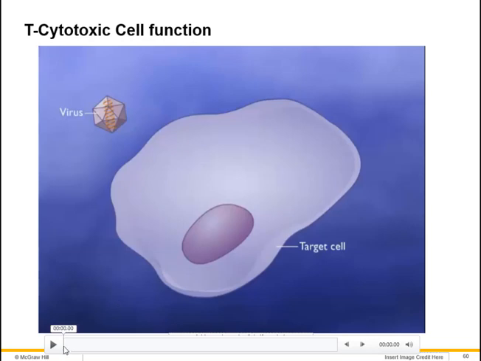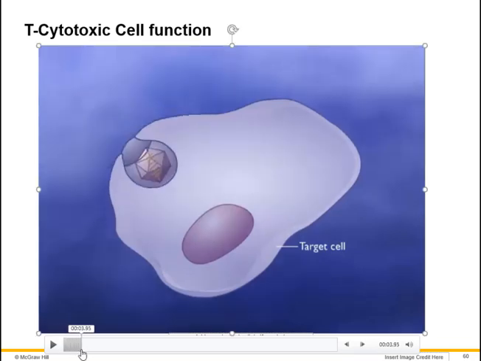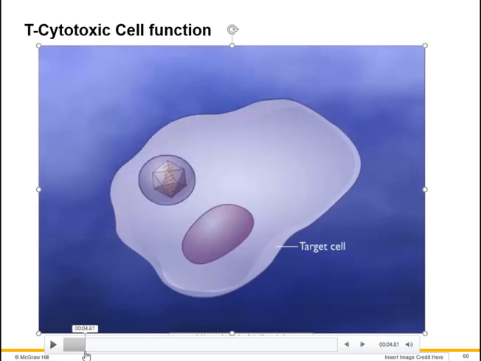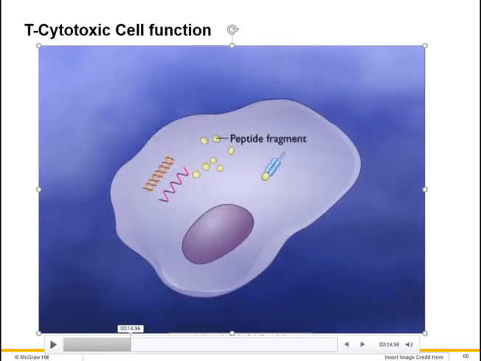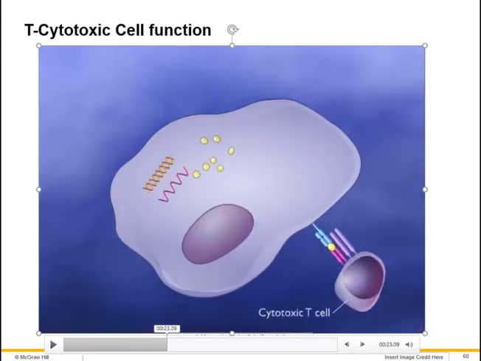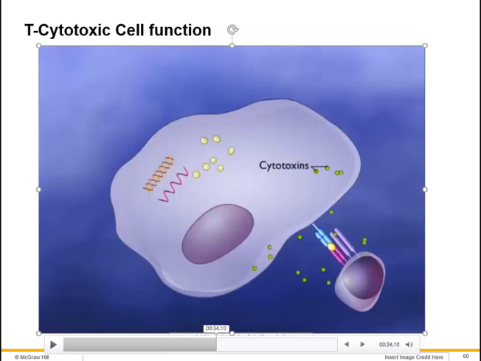Here is a little bit on the cytotoxic T cell, and I'm just going to show you again. The cell takes up the virus, and in the process there's uncoating, and then it starts to make the virus parts. And when it makes those little virus parts, some of them get put into an MHC class 1, which is presented on the surface to a cytotoxic or CD8 cell, which then will secrete the perforins and the granzymes and other cytotoxins.